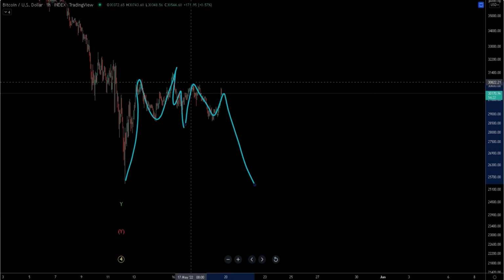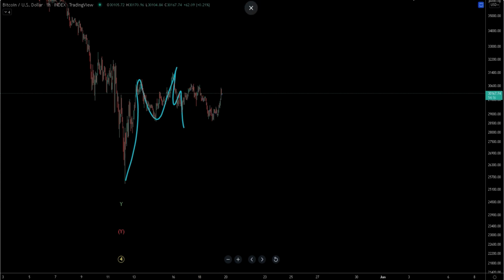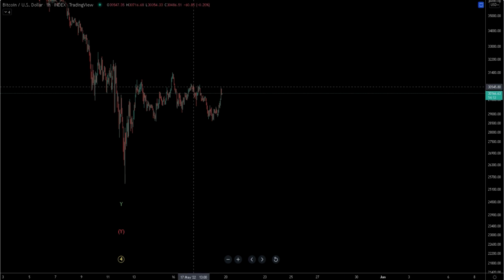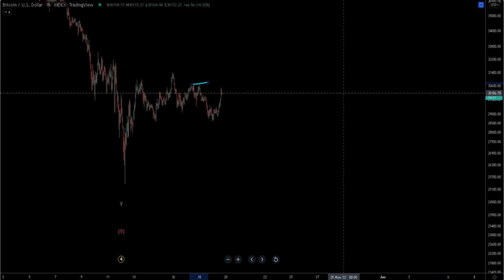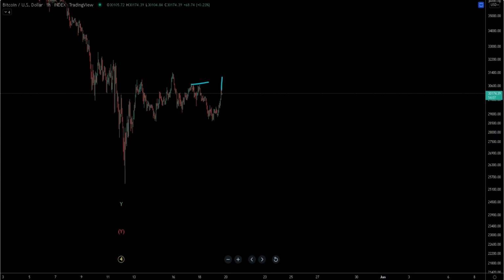In which case, the likely scenario is this high won't break. But in 3s, it's allowed to break. There is absolutely nothing stopping this top right here from breaking and still coming down. Absolutely nothing at all. That's what 3s do.